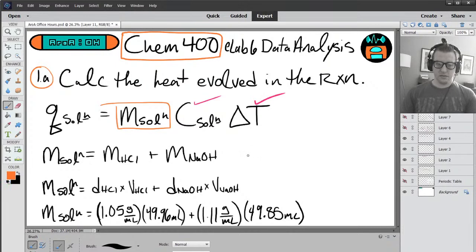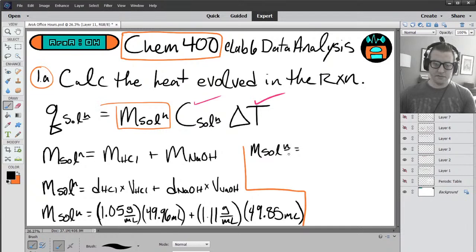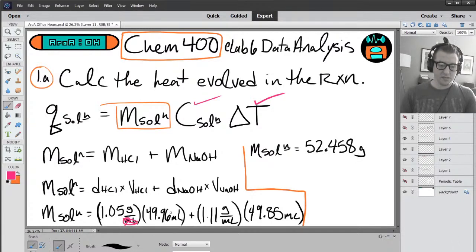All right. So we've got some multiplication to take care of. 1.05 times 49.96 is 52.458, and you'll notice my units are grams because milliliters cancel milliliters both times.